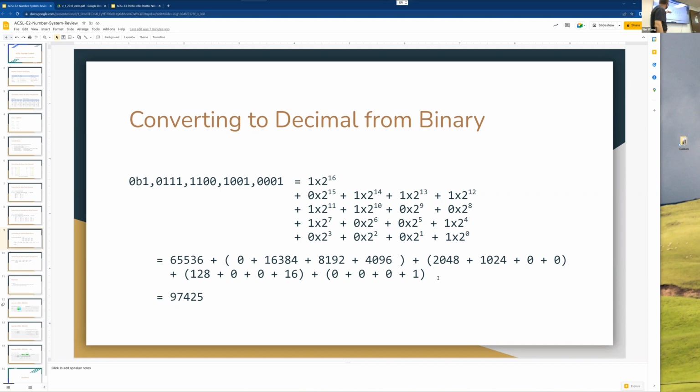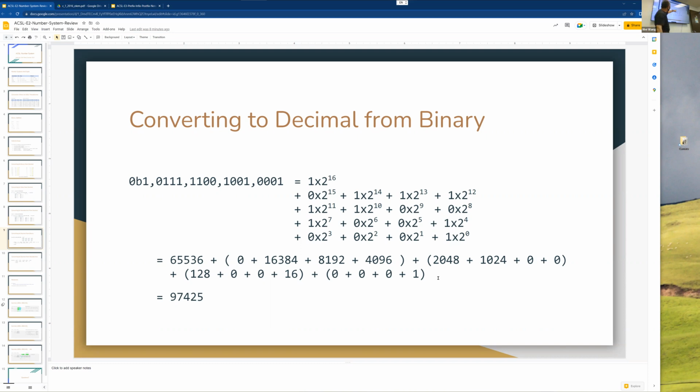And then here we do this. That's 2 to the power of 16, which is 65,536 in decimal, right? Plus this is 0, this is 2 to the 14 and 13, 12, and so on and so forth. And then we add all these numbers together, and we get 97,425 again in decimal.